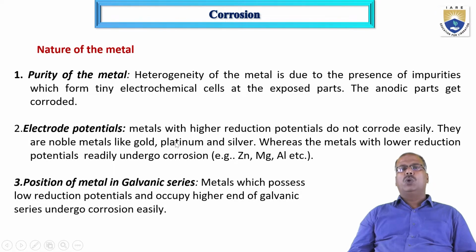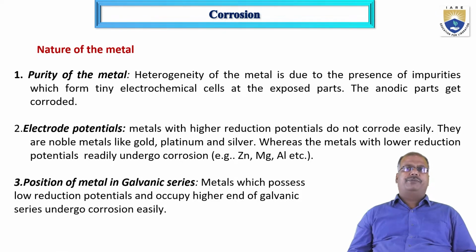Whereas metals with lower reduction potentials readily undergo corrosion. Zinc, magnesium, aluminium act as anodes and are highly active, whereas gold, platinum, silver are passive. In fact, they are noble and don't undergo corrosion.